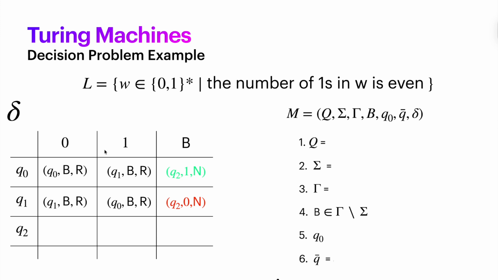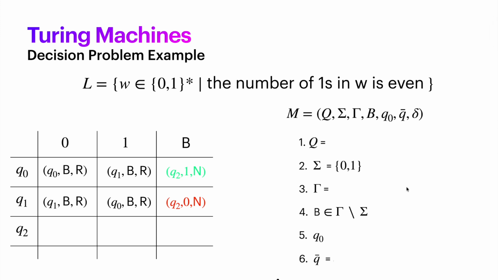So how many states do we need such that we can have a Turing machine that decides this language? First of all, let's try to define every element of the Turing machine. Firstly, let's define our input alphabet.